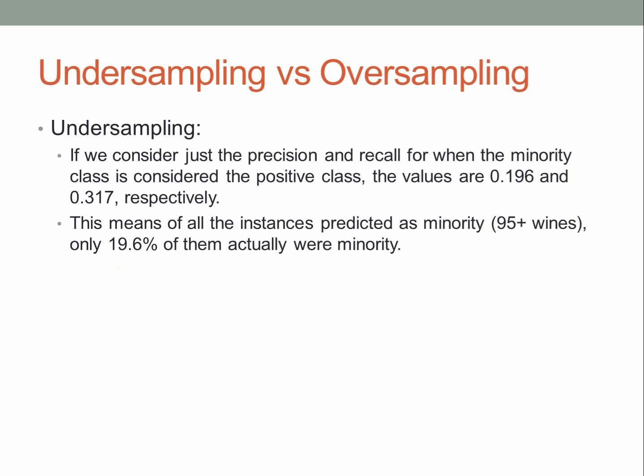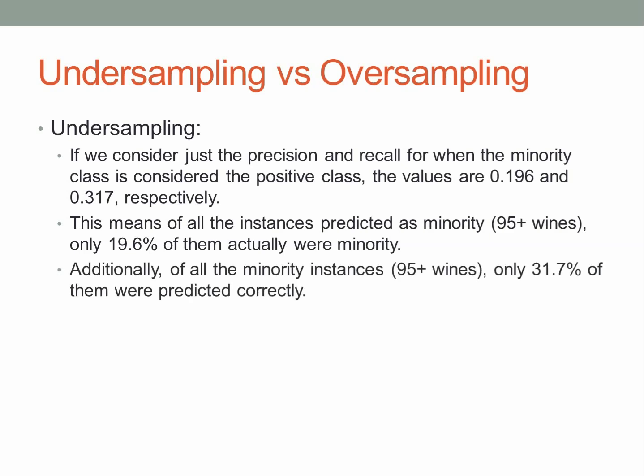Compared with our original results, since all of the predictions were majority, there were actually no wines being predicted as 95 plus. And you can see this is actually an improvement. Additionally, of all the minority instances, the 5% of the classic wines, we can now predict 31.7% of those, compared with previously 0%, because none of the wine was being considered as classic.